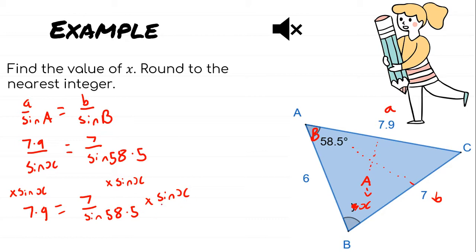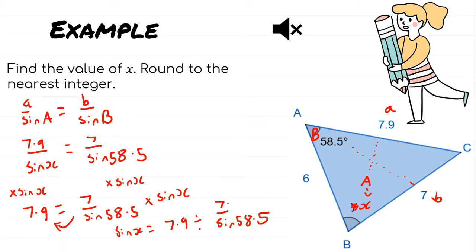Okay? And now essentially what we want to do is take over this fraction to this side, and the way we can do this is to divide by this fraction. So we can do sine x is equal to 7.9 divided by 7 over sine 58.5.